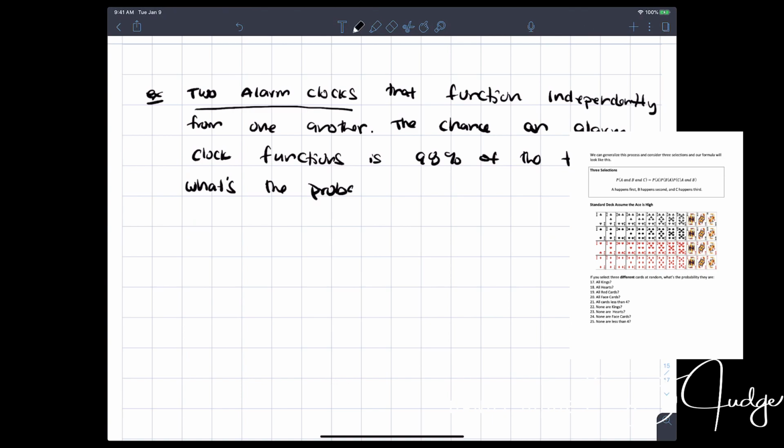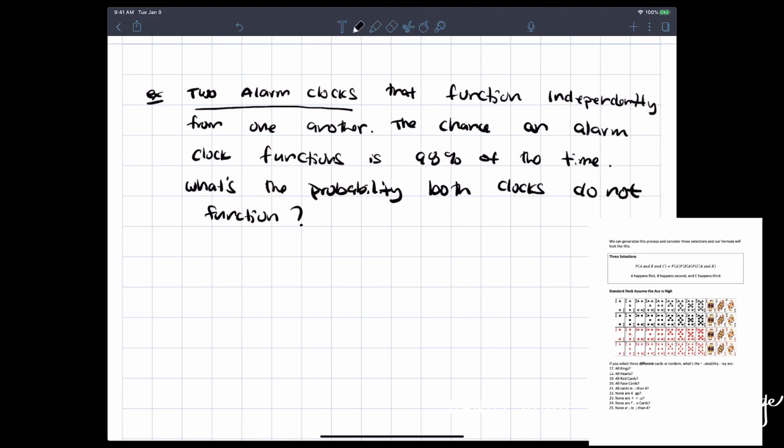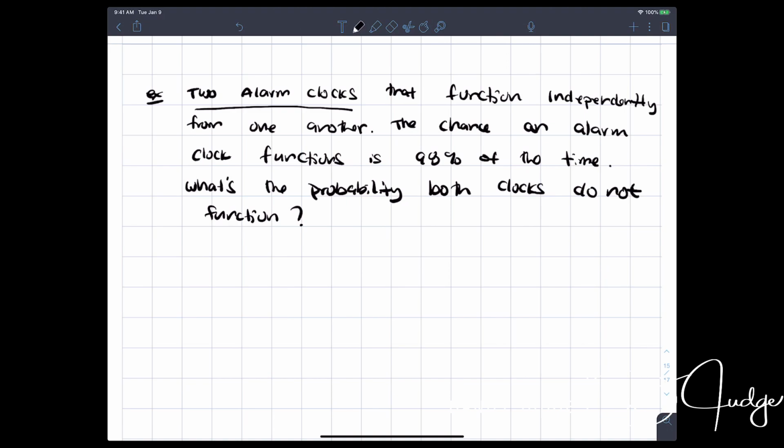What's the probability both clocks do not function? Okay? And let me get rid of our notes there.